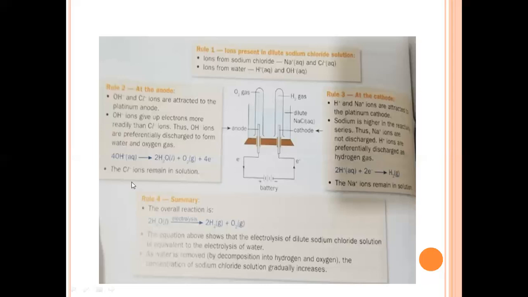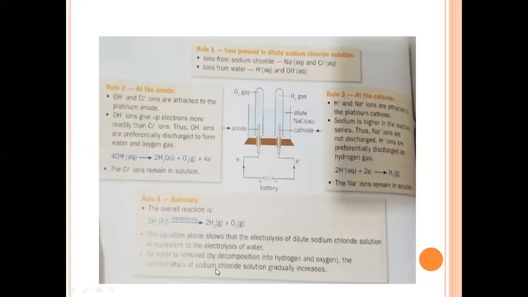So what is our overall reaction actually? At the anode, Cl negative ions remain. At the cathode, sodium ions remain in our solution. So when water is electrolyzed, hydrogen and oxygen gas evolve out. But at the end, what do we have? The concentration of sodium chloride is more as compared to water.